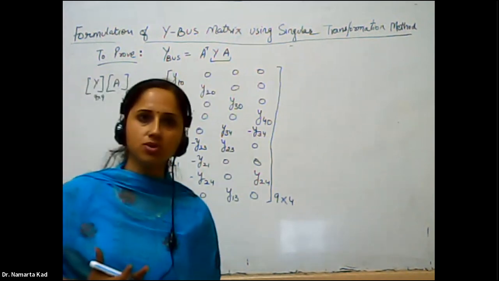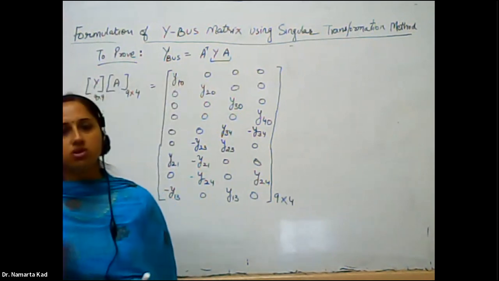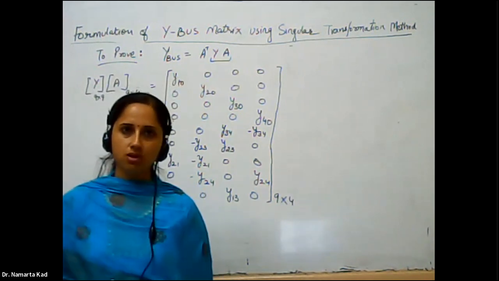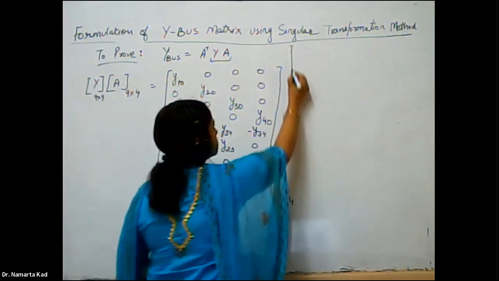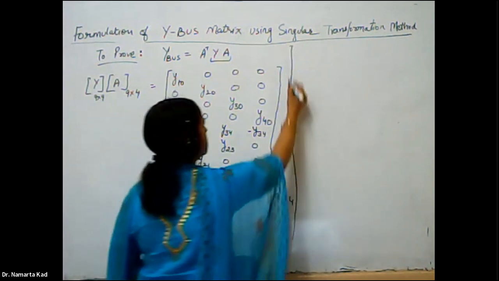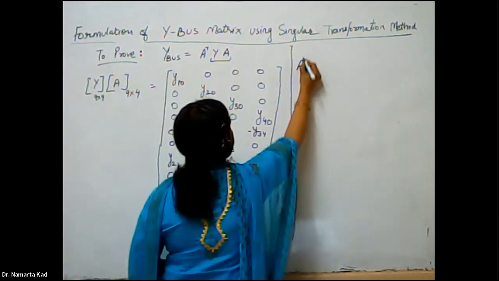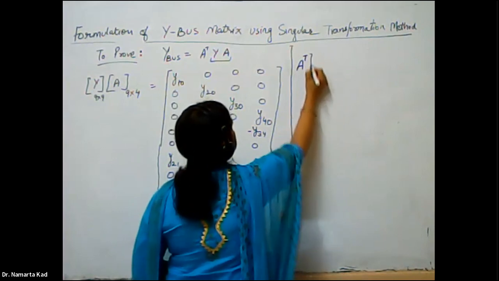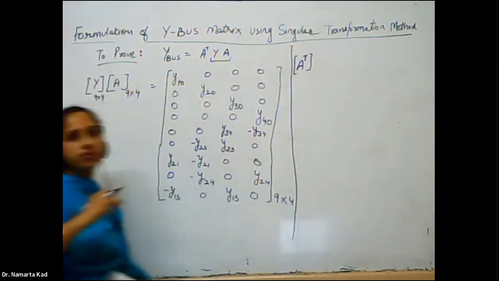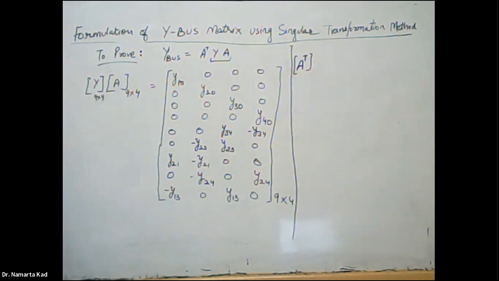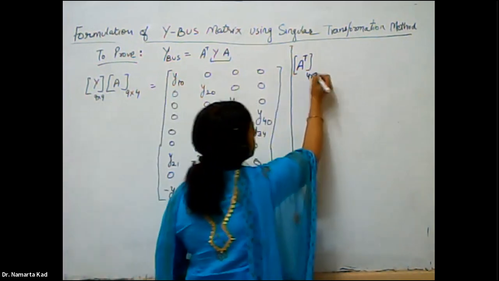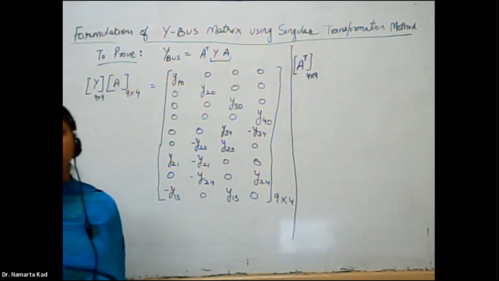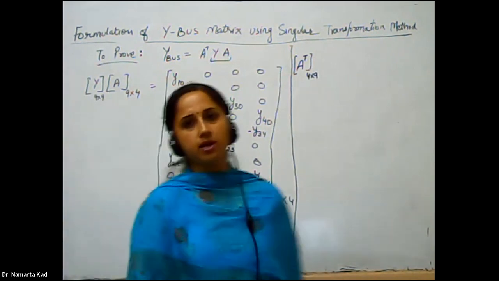So what is the transpose? That is just the shifting of rows into columns and columns into rows. As we know that the A matrix, the bus incidence matrix, is a 9 by 4 matrix, A transpose comes out to be a 4 by 9 matrix.